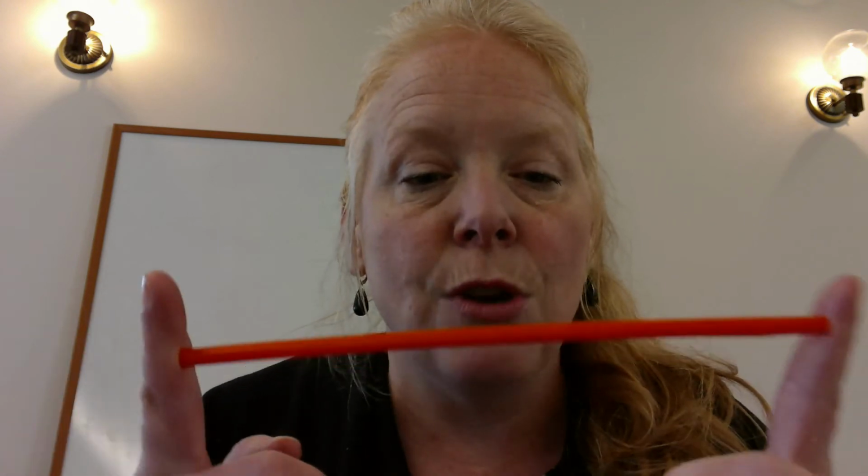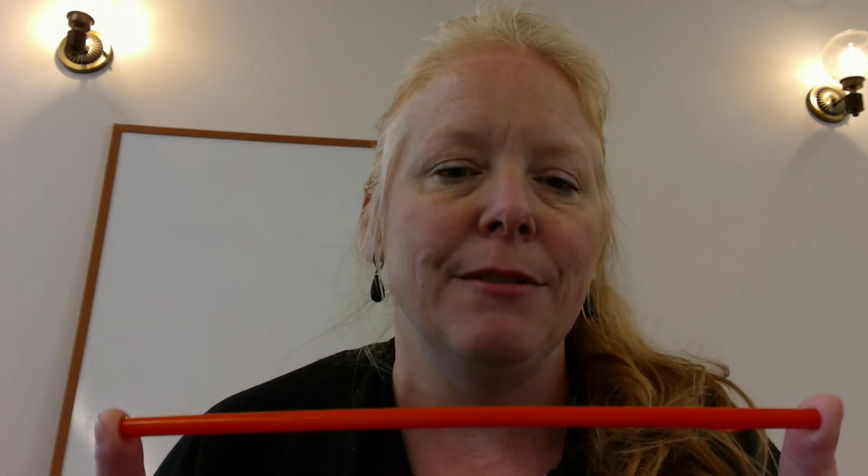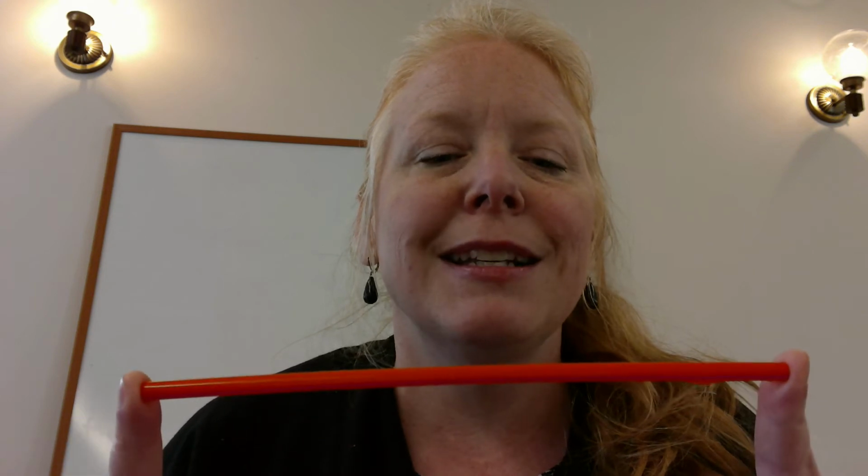So if I asked you to estimate the length of my straw again, and you said something like 100 inches, I would assume you didn't know what an inch is. Some people say that for someone your age, an inch is about the same size as your thumb. And for someone my age, it's about the same space right here in between these 2 knuckles.